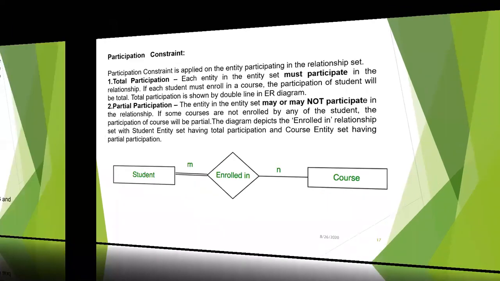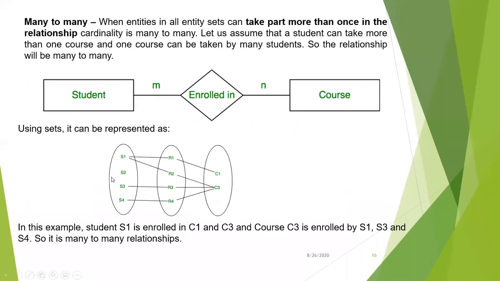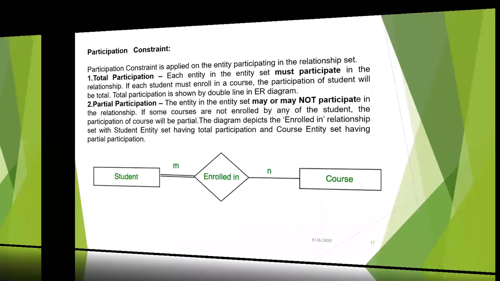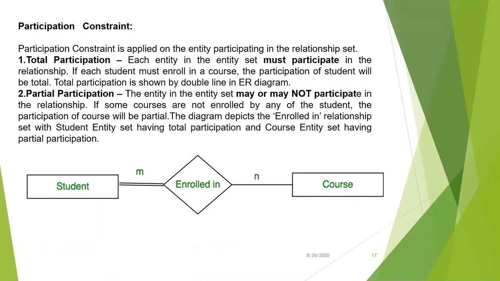So from the previous picture you see here student 2 didn't participate. He doesn't have any relation with courses. Maybe after some time he has interest and he will join. Okay. So try to understand what total participation is. How are we going to represent this total participation in the ER diagram?